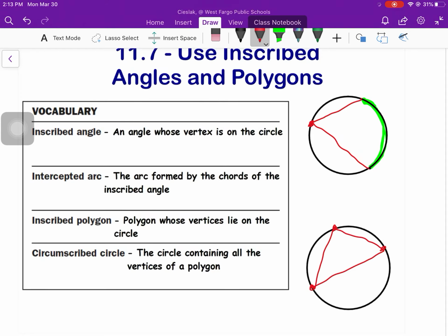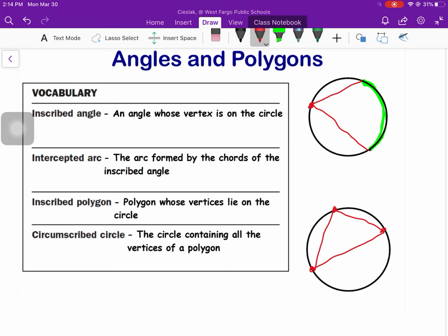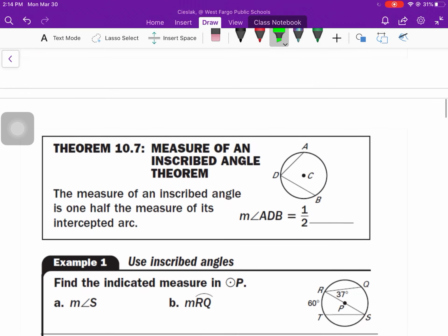You can do a triangle, a quadrilateral, whatever you want. A circumscribed circle is the actual circle itself containing all the vertices of the polygon. So the polygon is inscribed, and the circumscribed circle is the part that the polygon is inside.